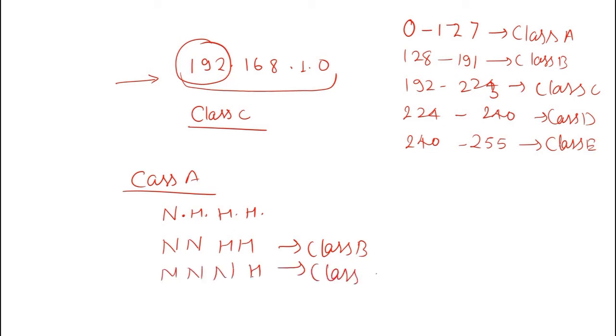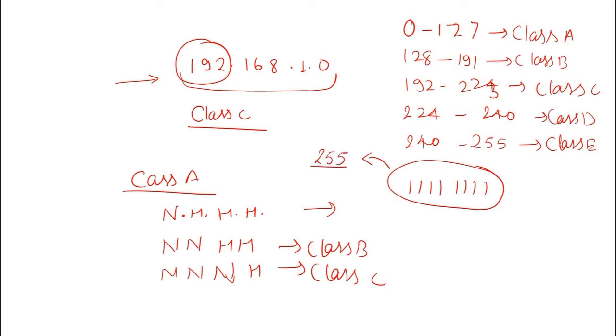If you want to check the subnet mask, we put the network bits all 1. In one octet we have 8 bits, so we put eight ones. If you convert these 8 bits to decimal, you get 255. In class A, we have only one network octet, so we put the network bits as 1 and the remaining host bits all 0, which makes 0.